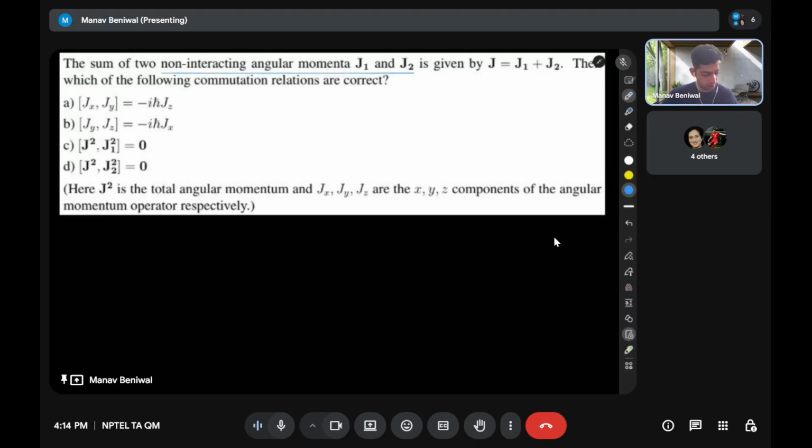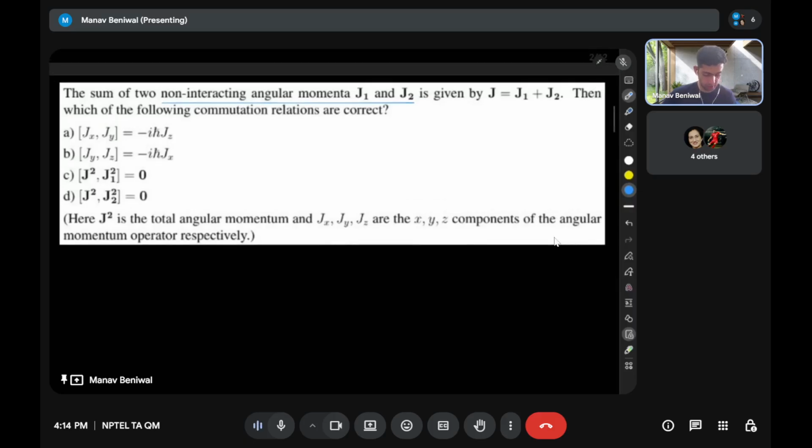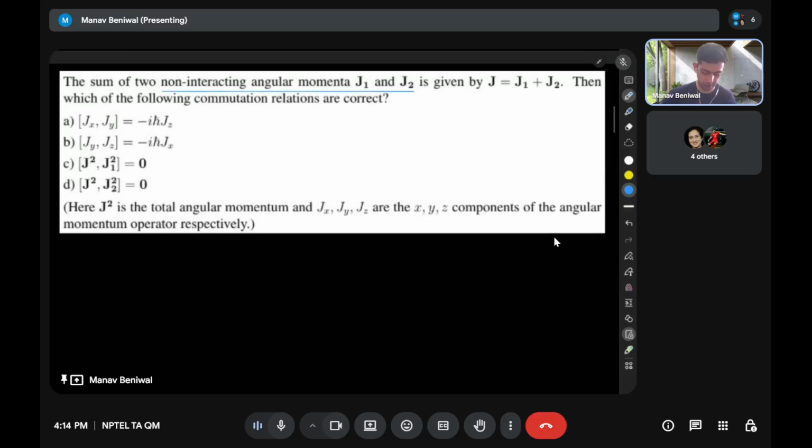The question is which of the following commutation relations are correct. The total angular momentum is just the addition of these two individual angular momenta. So first, let's calculate the commutator of Jx and Jy.